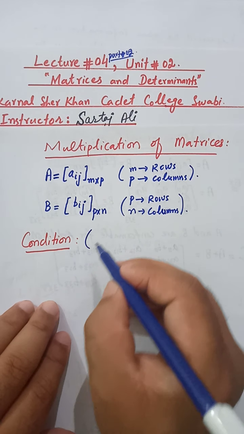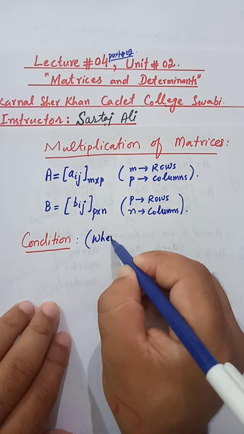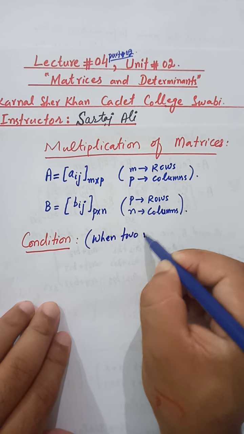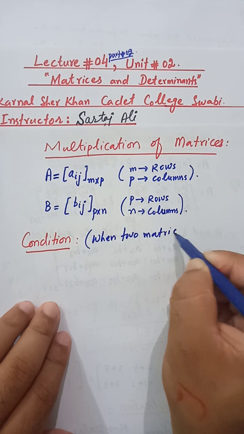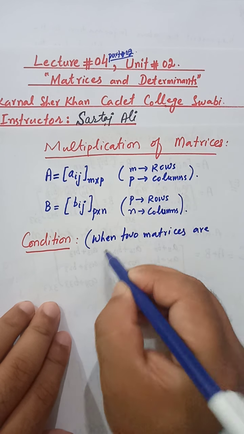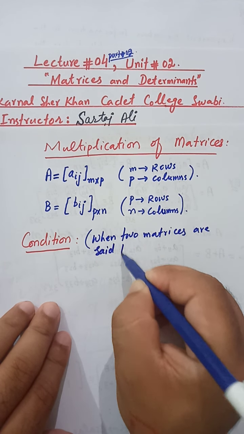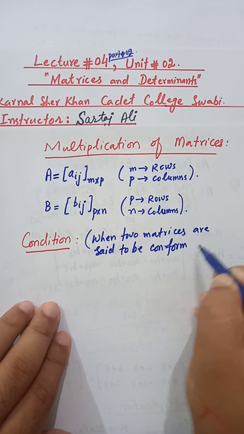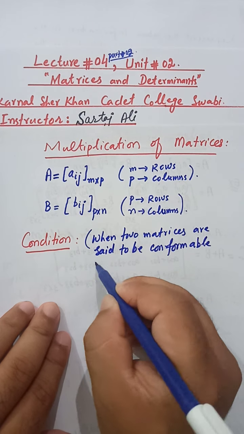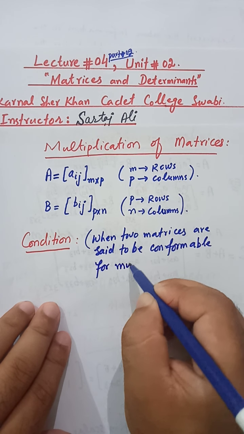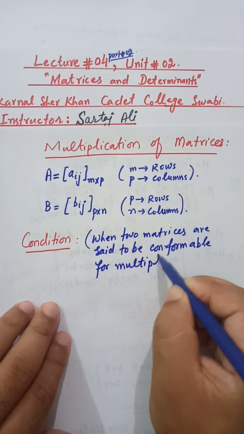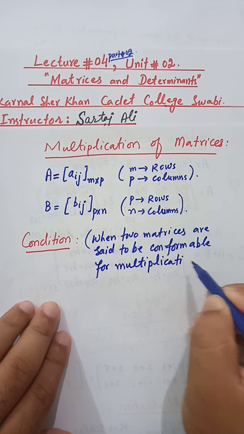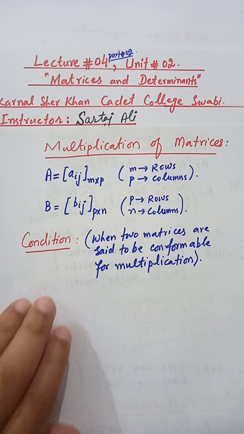Two matrices are said to be conformable for multiplication, meaning when two matrices can be multiplied, when their product is possible.